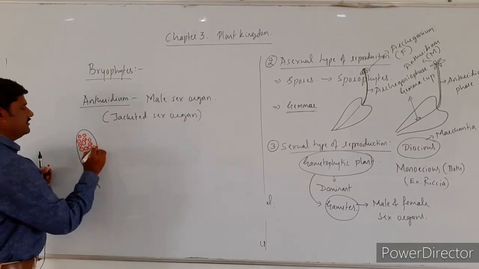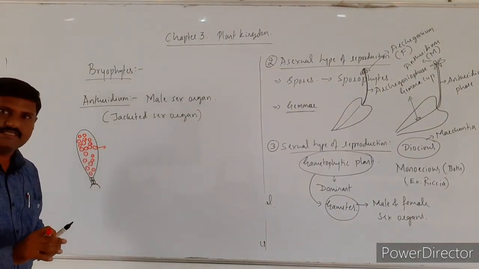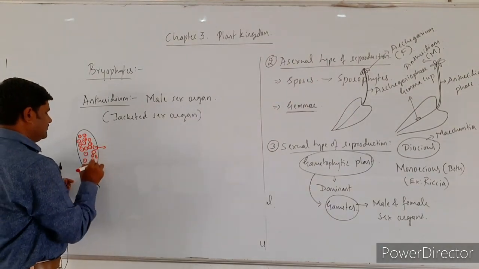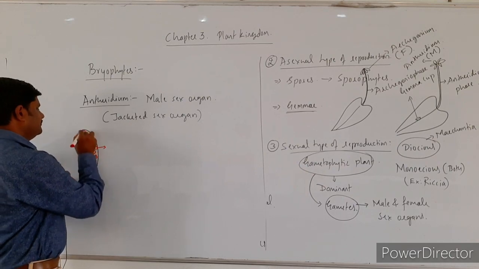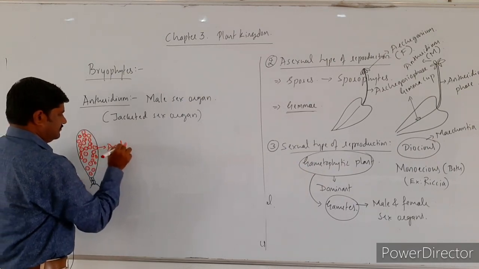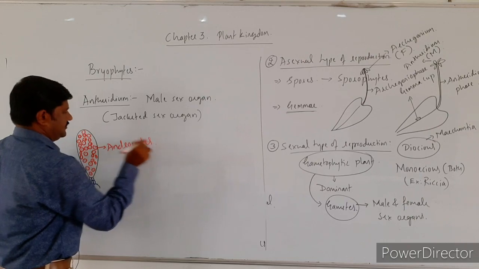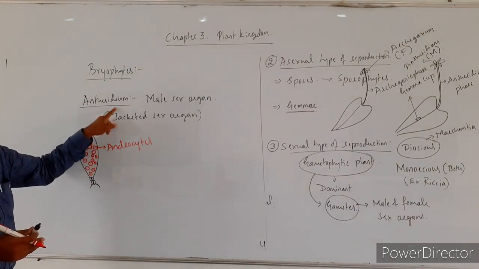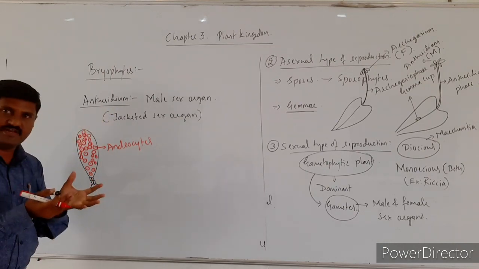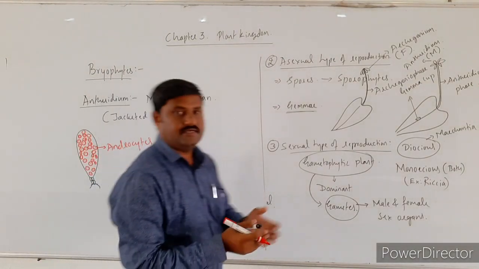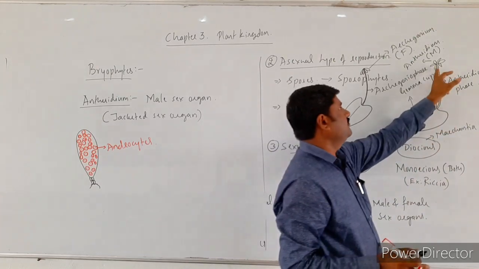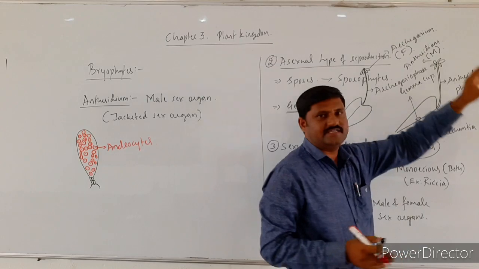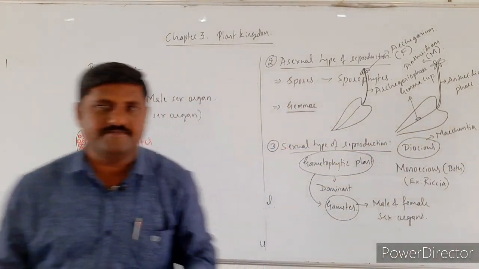What are these? Androcytes. This entire structure is the antheridium. Many antheridia are clubbed together into one receptacle, and such receptacles may contain many antheridia.